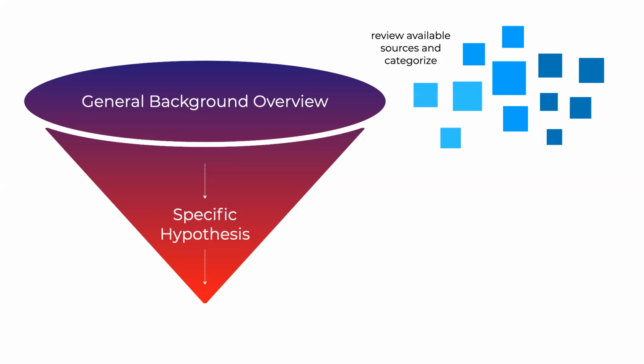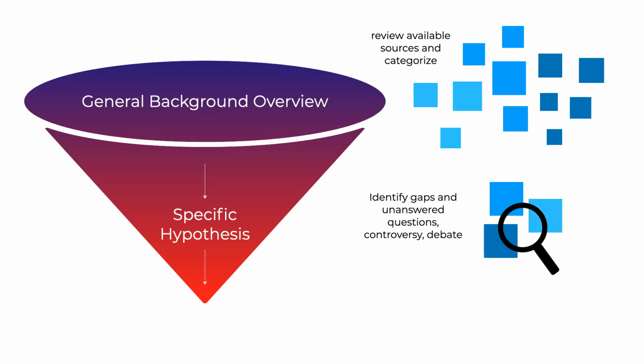So for example, many people say this and many people say that, and there's a group of people that say this, and so you're really organizing and grouping the different publications or the different data sets into groups and to define distinct groups of knowledge. Then you typically want to identify gaps and unanswered questions.